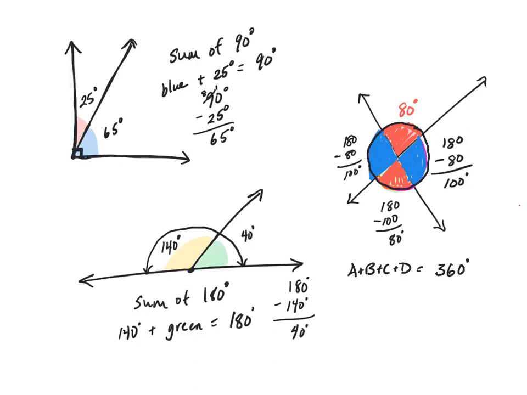So my given angle, we'll call it A, was 80 degrees. Angle B, which was this one right here, is equal to 100. Angle C was 80. And angle D over here was 100. If I add all those up, we have 200 and 160, which equals the full circle, 360 degrees.